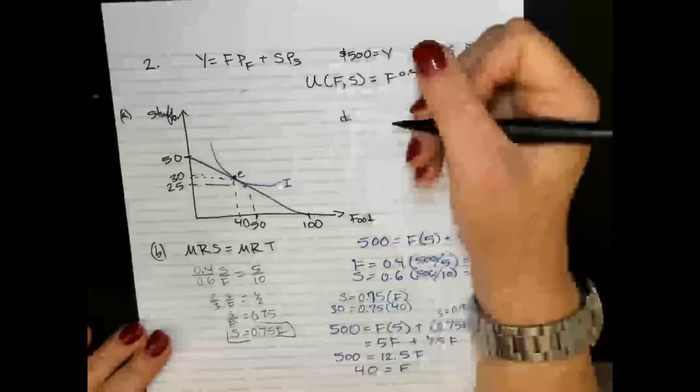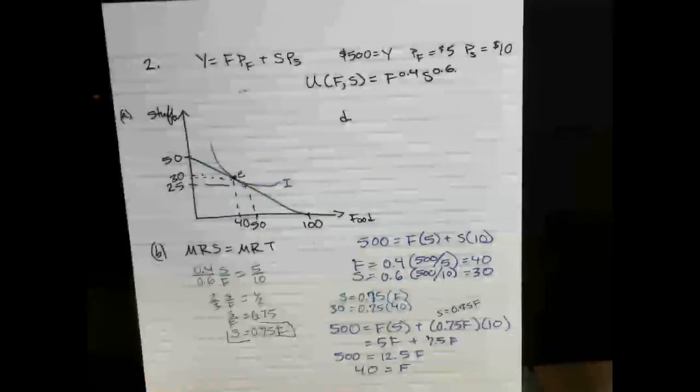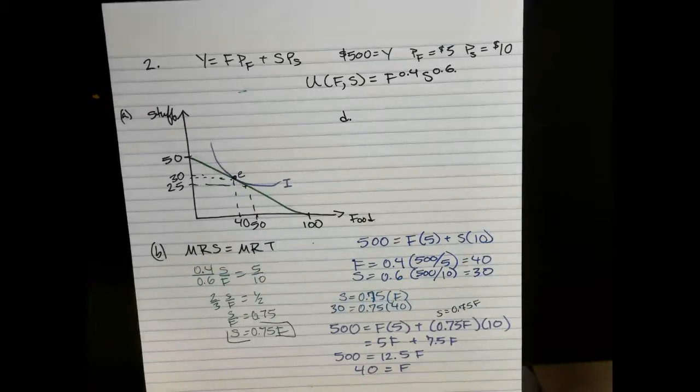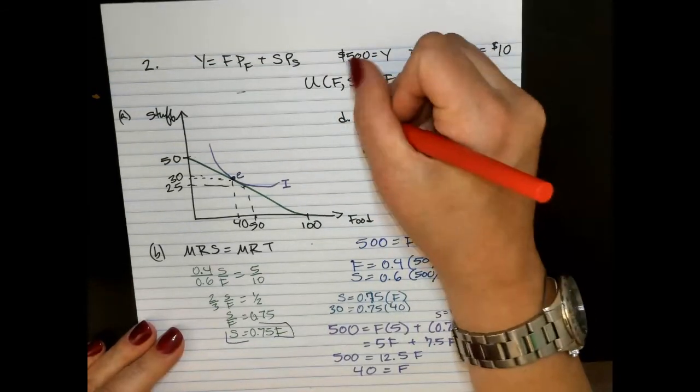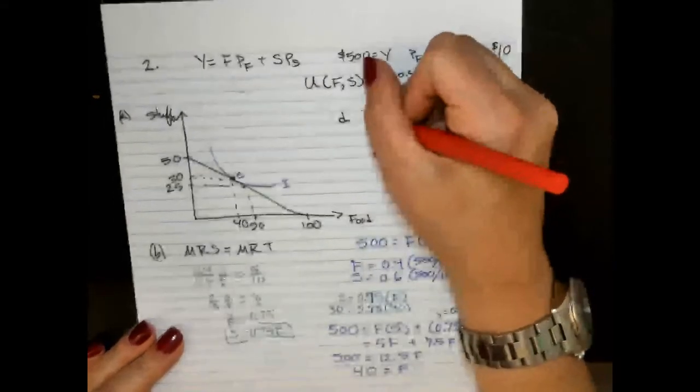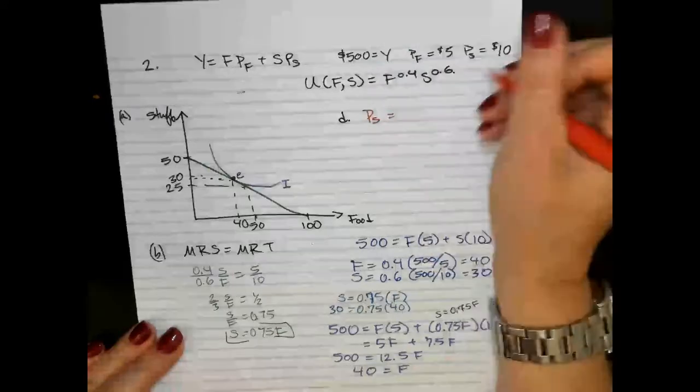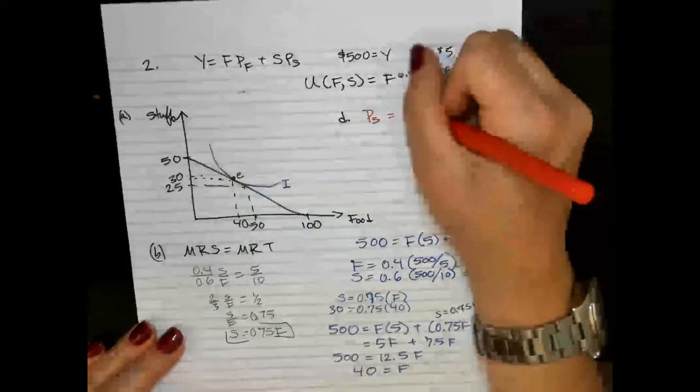Question D says, if the price of stuff decreases to $5, what happens to her budget constraint? What happens to her utility? Graph the new budget constraint and speak generally about the effect on Jana's utility. So the price of stuff is going to go down from $10 to $5.